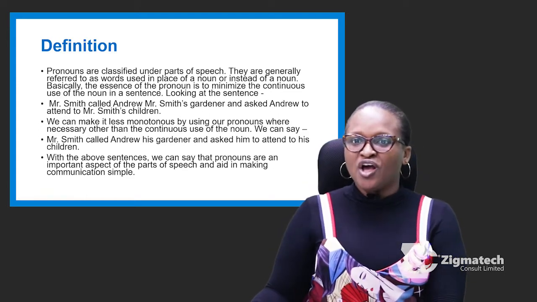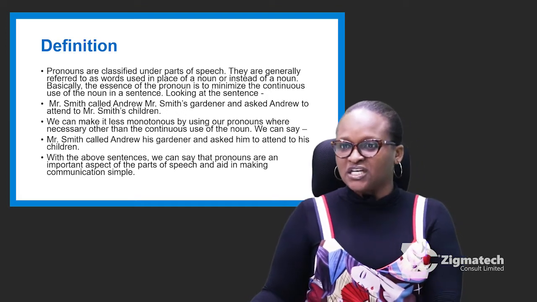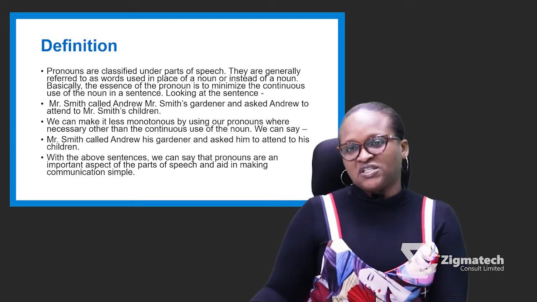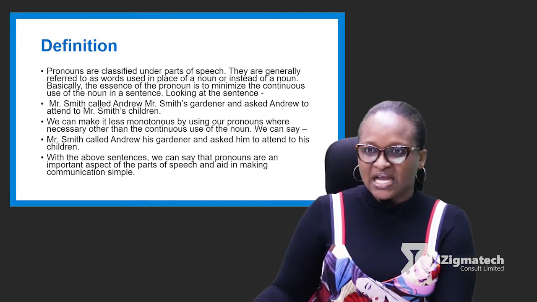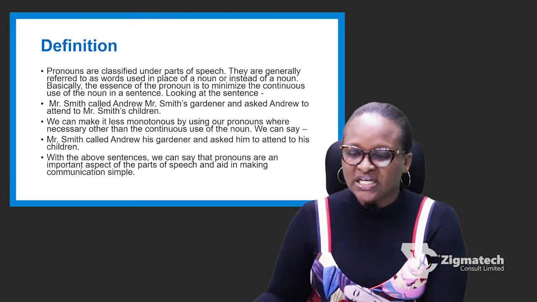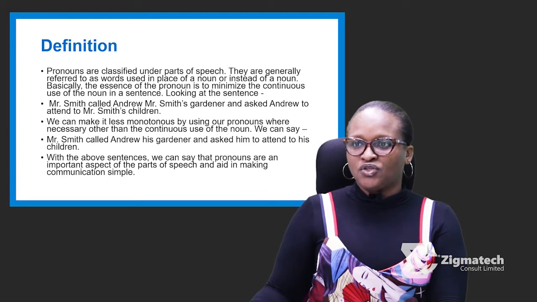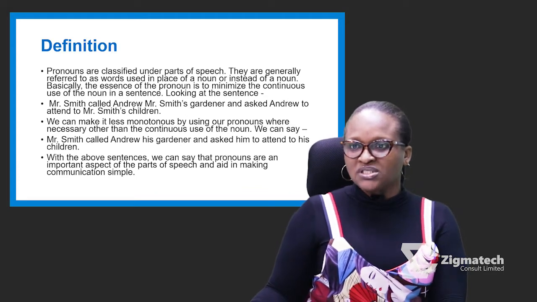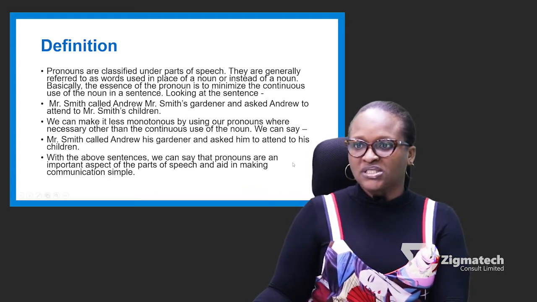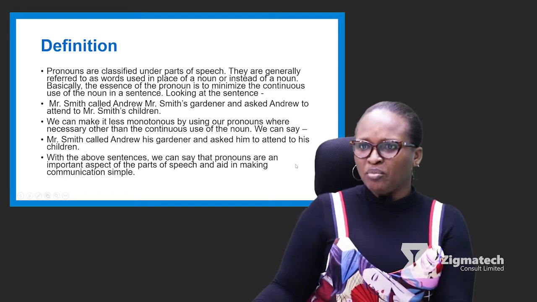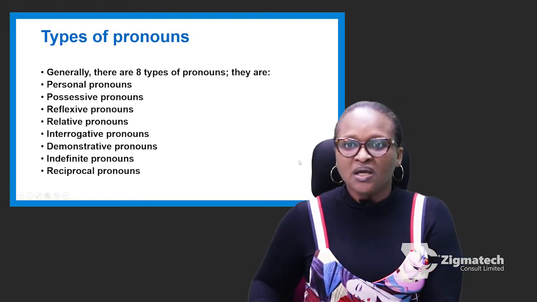Now we have the refined aspect of the sentence in its pronoun form. It says, Mr. Smith called Andrew, his gardener, and asked him to attend to his children. So it's important that we note that the pronouns make communication simple in English.